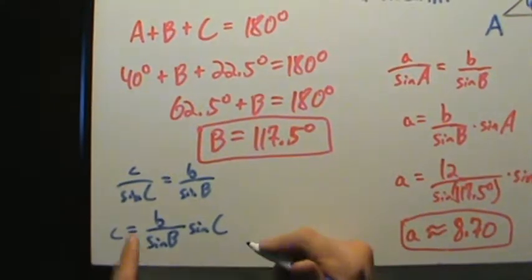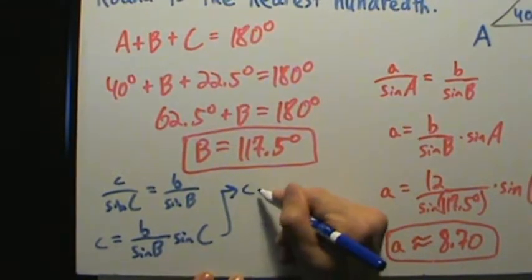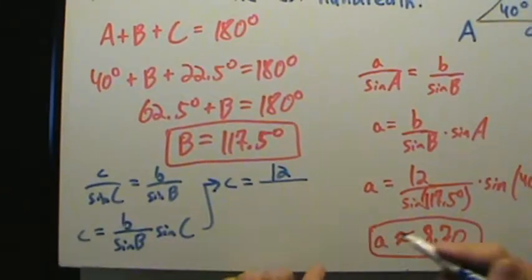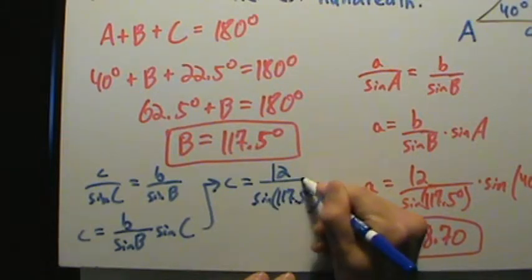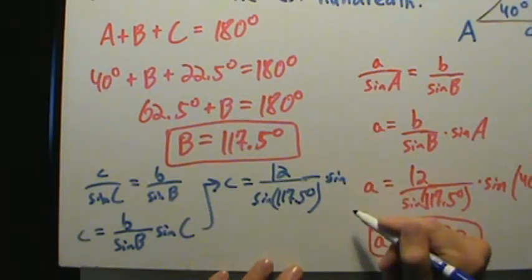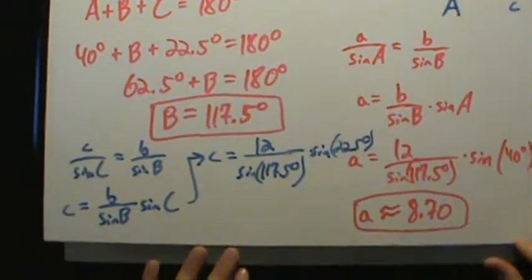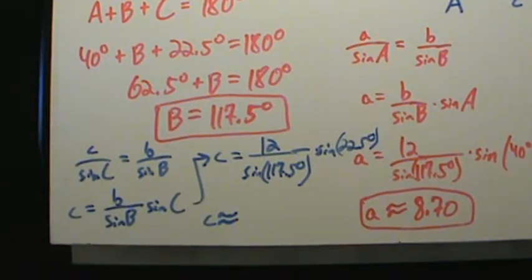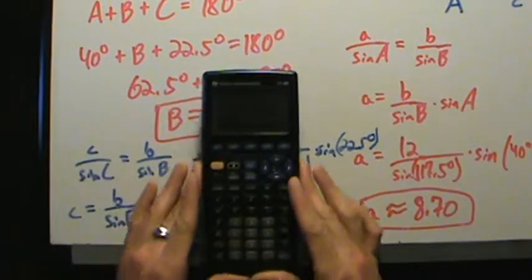We know little b, big B, and big C, so we'll just toss them in. Little c equals 12 over sine of 117.5 degrees, multiplied by the sine of c, and c is 22.5 degrees. Now when we toss that into the calculator, we want 12 over sine of 117.5 degrees times the sine of 22.5 degrees.